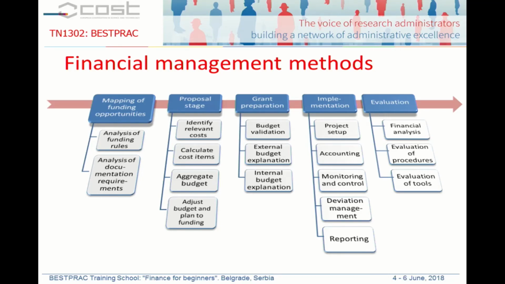The first, or maybe the order might be different, but one task is that the project has to be set up in your organization's electronic systems: the accounting system, maybe a payroll system, maybe a procurement system, depending on what electronic systems your organization uses for financial management.